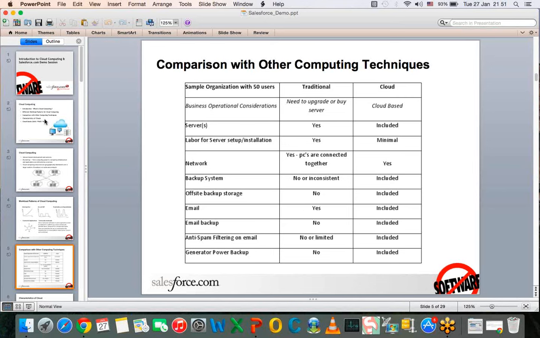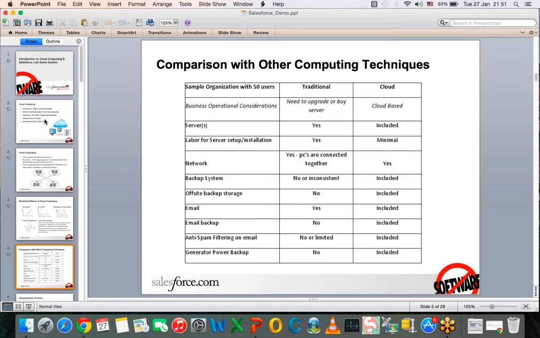And the labor, the people who look after the servers, or the setup or installation, is required in traditional computing. In cloud it's not required unless you own your own private cloud at your site.